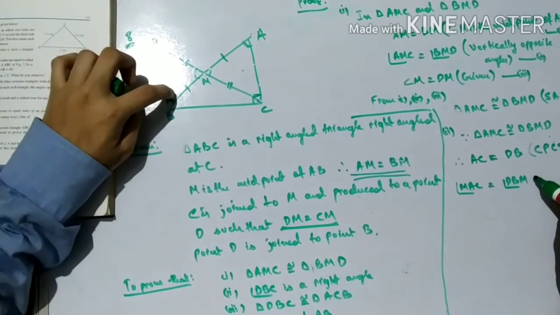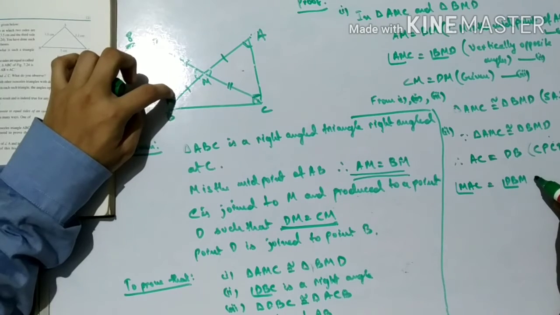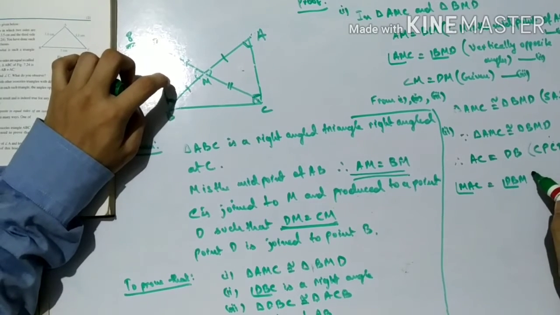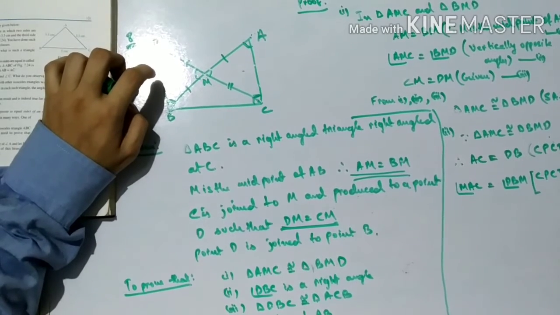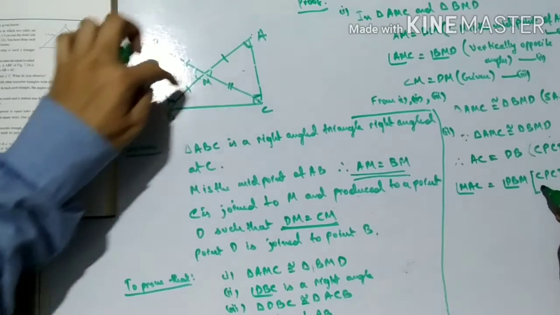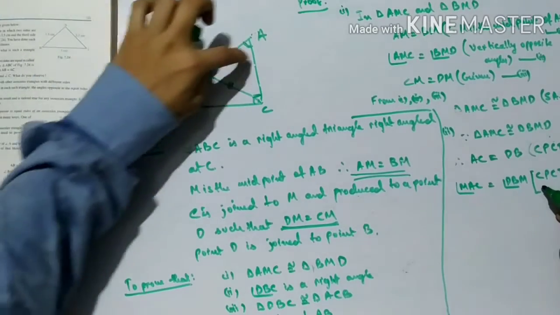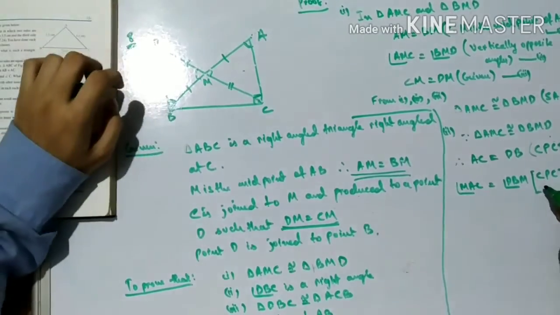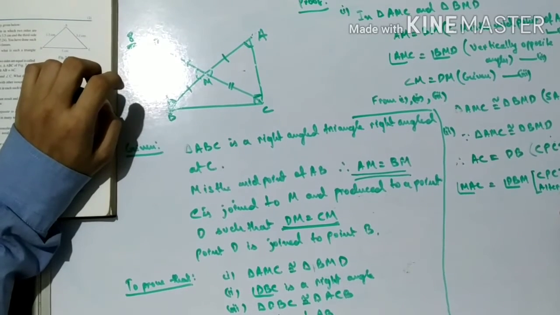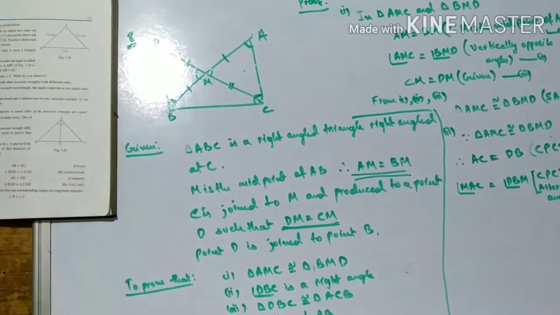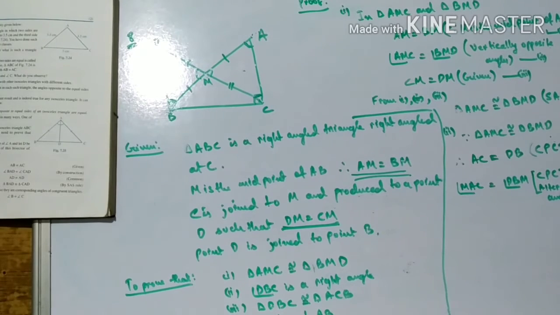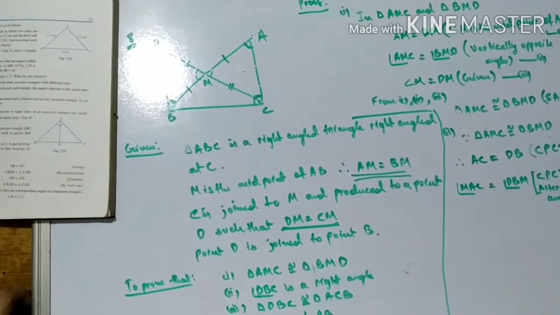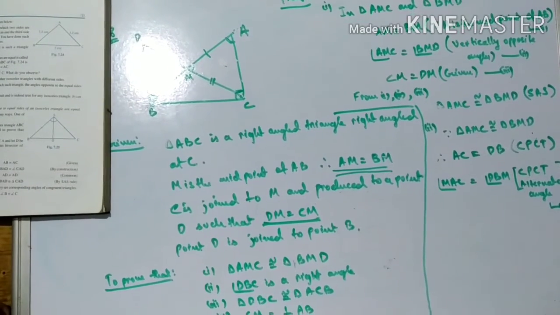This one in bracket I will write, they are equal since they are CPCT, and they are alternate angles also. You see they are making Z. Looking at this angle equals this angle, I can say they are alternate angles also. So in here I will write alternate angles. Understand? This one I will give equation number 1.